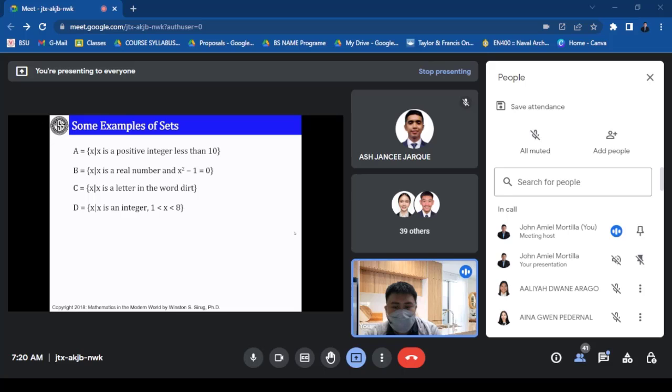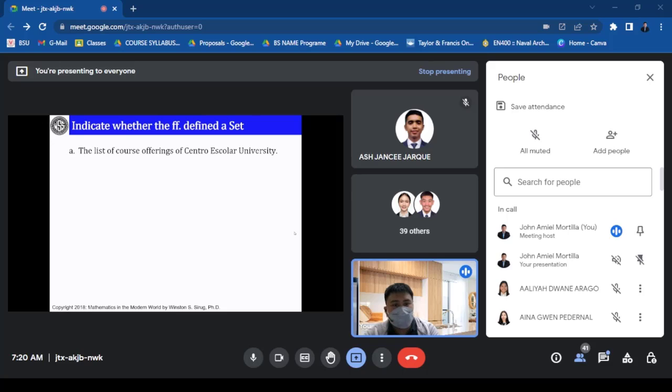Then x is an integer, 1 less than x less than 8. And x is a vowel letter. These are samples of sets. Set E equals the set of all x such that x is a vowel letter, or E equals {A, E, I, O, U}. Those are our vowel letters, right?